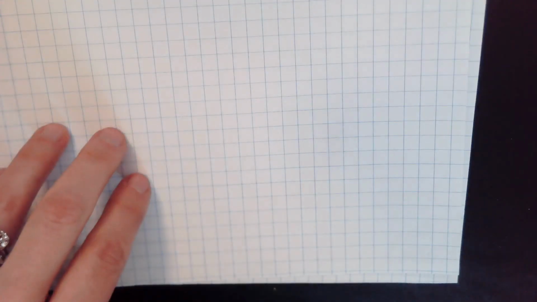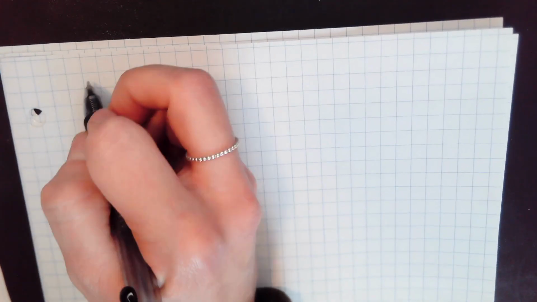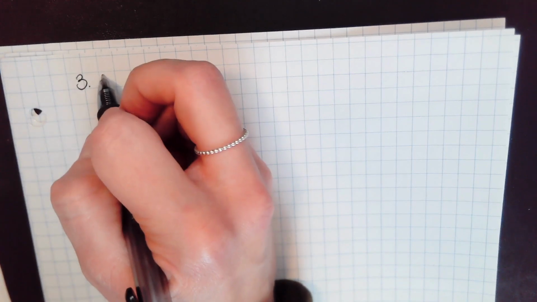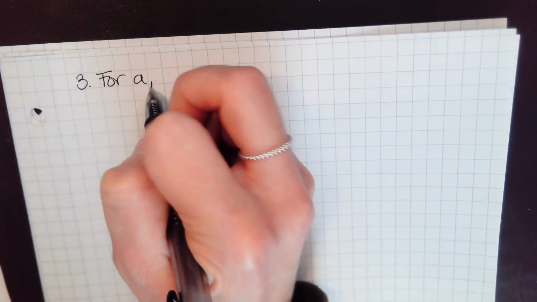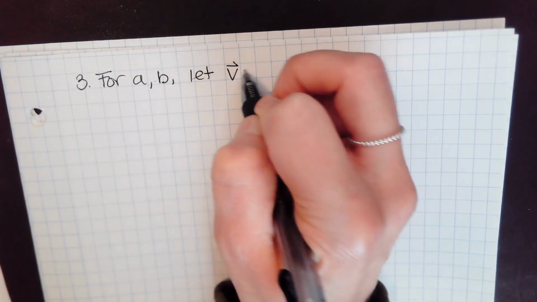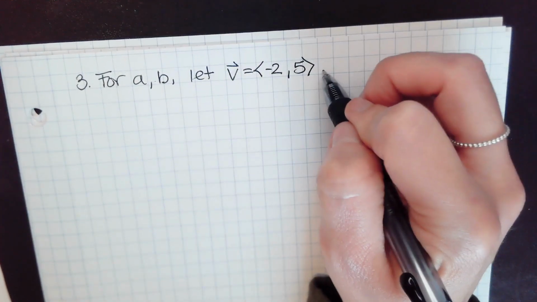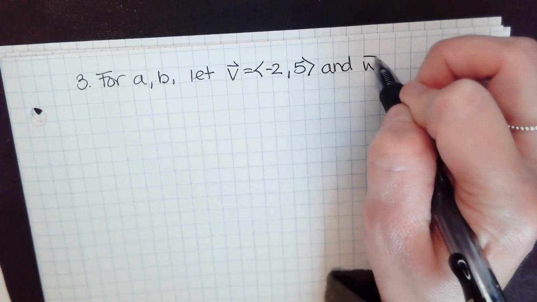So let's do a couple examples of those. So we're on number 3 now. So we'll do two different ones, and for both of these, for part A and B, let vector v equal, in component form, -2, 5, which means it has an initial point at 0, 0 and a terminal point at -2, 5.